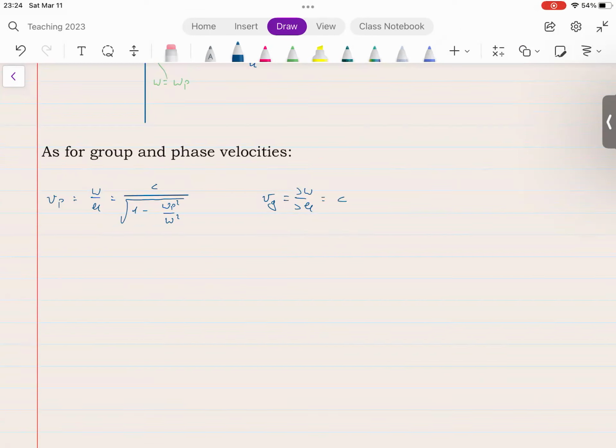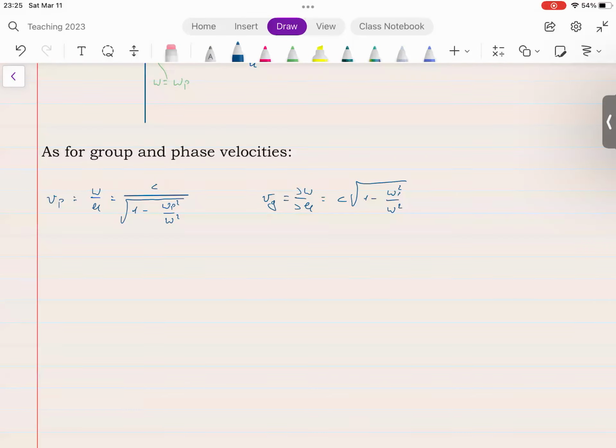Long story short, I just get c times the square root of one minus omega plasma squared over omega squared. So when omega gets close to the plasma frequency, the group velocity goes down, and it goes to 0 when omega is equal to omega plasma. That means the wave is not propagating anymore.